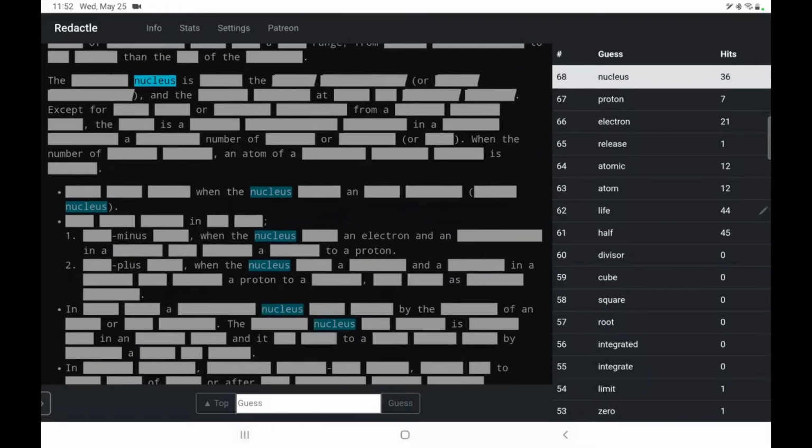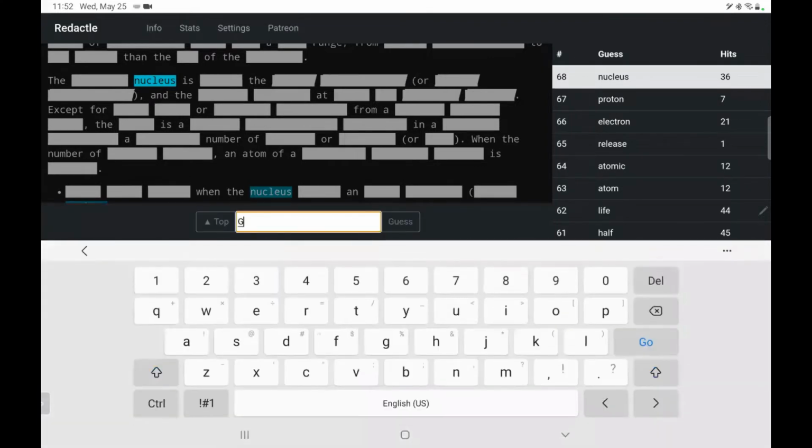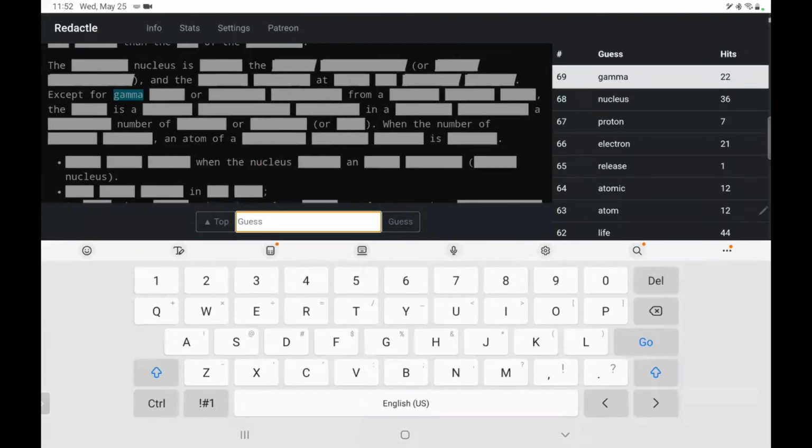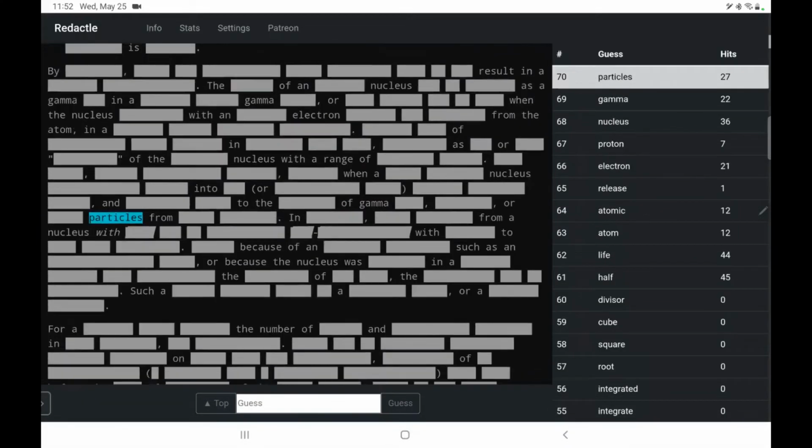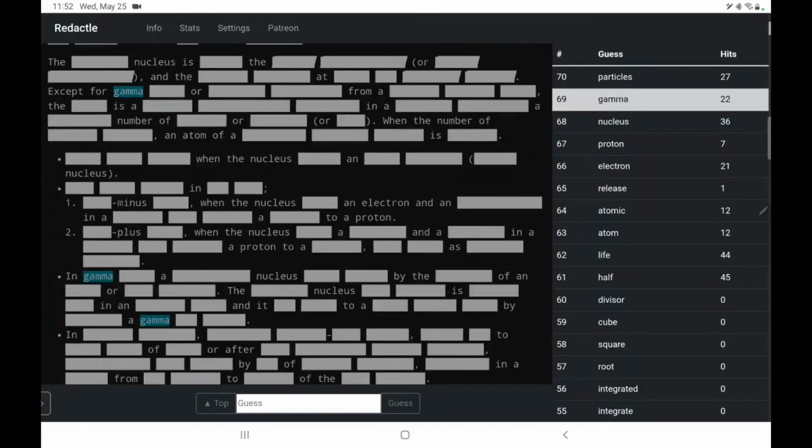Okay, and our minus and plus is, I'm going to try gamma, except for gamma particles. Let's look at our gammas.